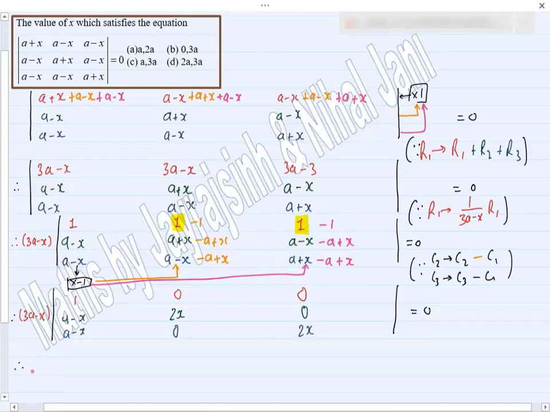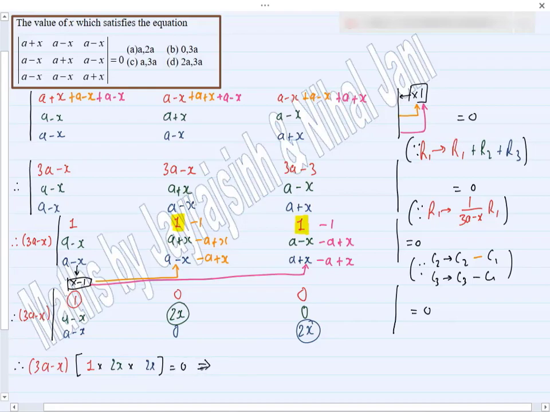Here we can say, besides a minus x, we get a lower triangular determinant, whose value can be obtained by multiplying its principal diagonal elements. So 1 times 2x times 2x is equal to 0.